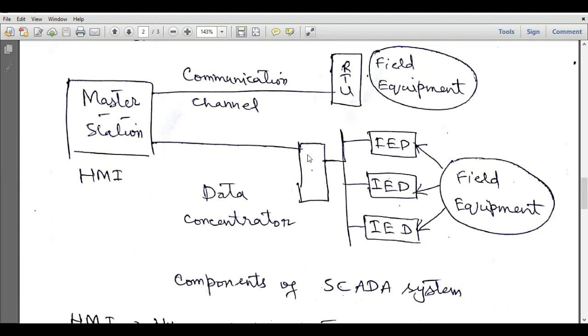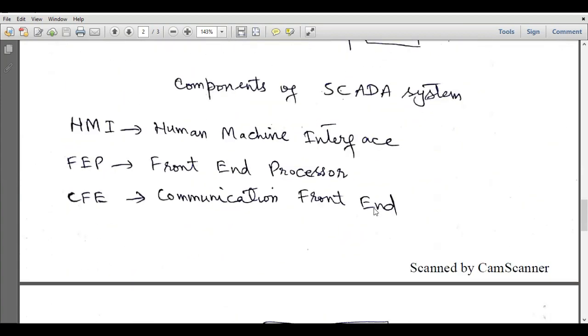There is a data concentrator between the IEDs and the master station. That data concentrator collects the whole data, divides it into different packets, and sends the relevant packets to the concerned IEDs. Those IEDs communicate with the field equipment. So these are also components of the SCADA system.